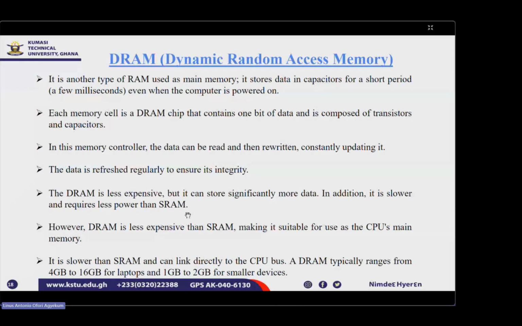And it is suitable for a lot of CPU memory applications. And when it comes to the architectural design, the DRAM is slower than the SRAM. And if it has to be linked to the CPU, it can be linked directly to the CPU bus.